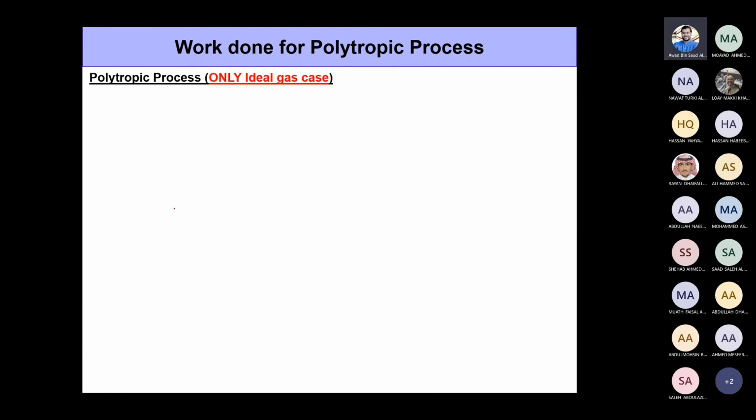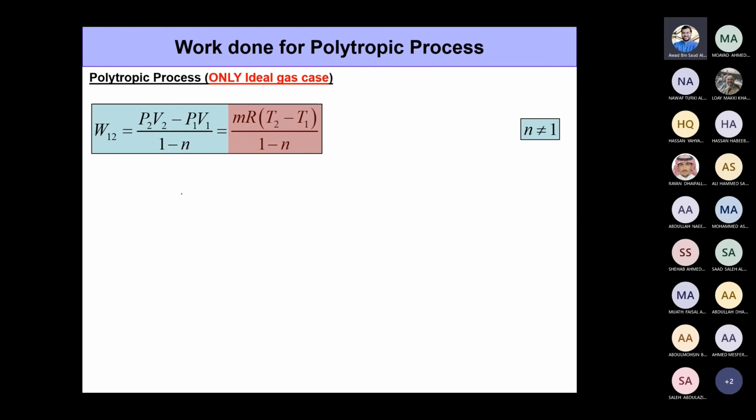Okay, so this is a summary slide. So for a polytropic process, as long as n is not equal to 1, we said the work output is going to be equal to P2 V2 minus P1 V1 by 1 minus n. This is the general formula, applies to everything. Gases, liquids, anything.